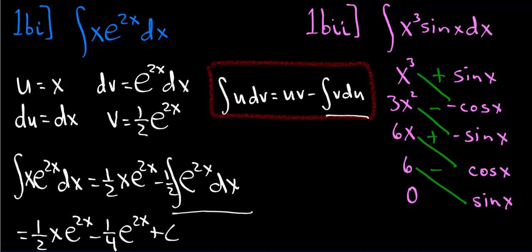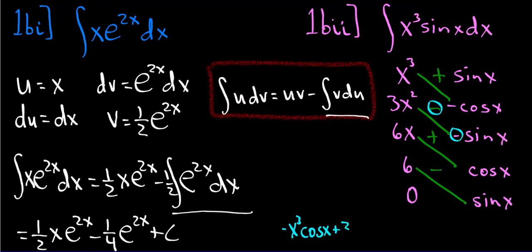And at this point, we're ready to write out the answer. It's just going to be a product of these things. So what we're going to have is negative x cubed cosine x. See? Because of the negative right there. The next one's going to be positive. See? We have this negative and this negative. That makes a positive.